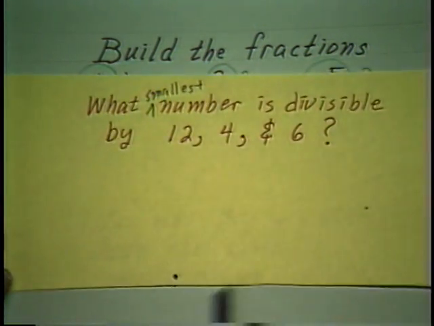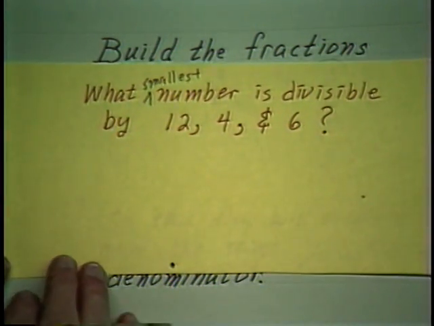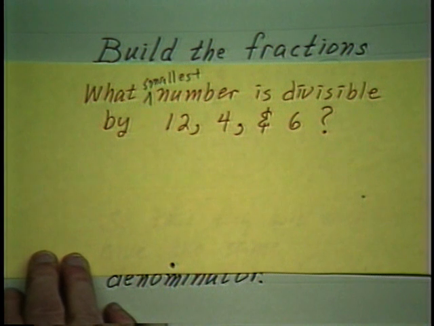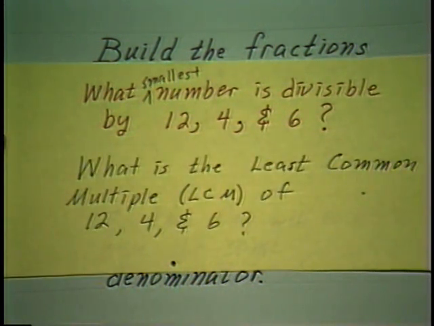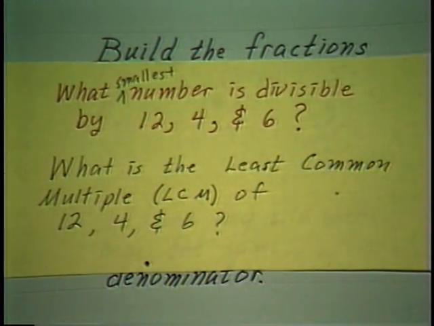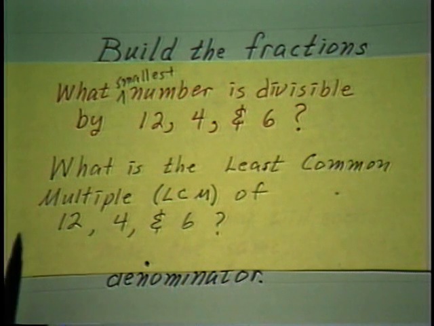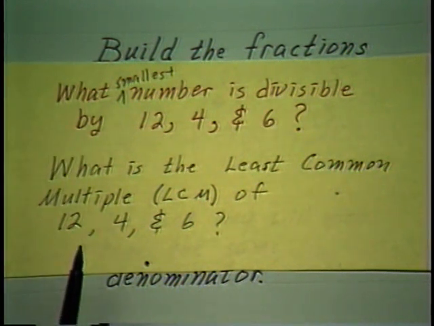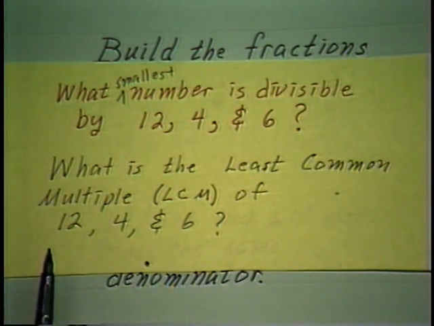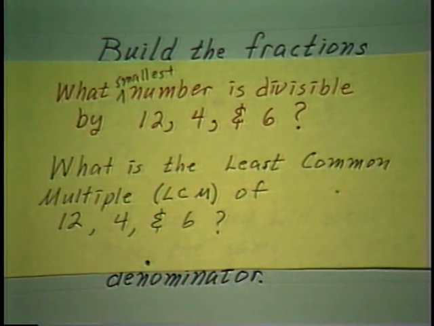So had we asked what smallest number is divisible by those 3 numbers, do you realize that's the same thing as asking what is the least common multiple of 12, 4, and 6? And that's, of course, the whole gist of our Chapter 2 lessons. And we're about to dip back and use that information once again.